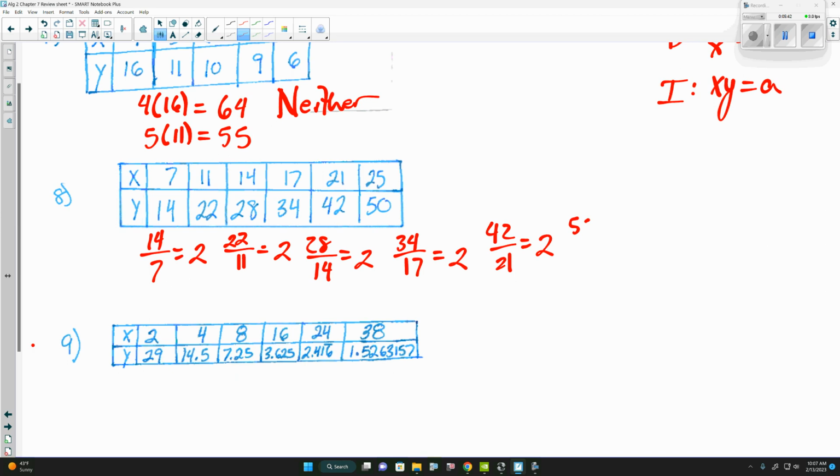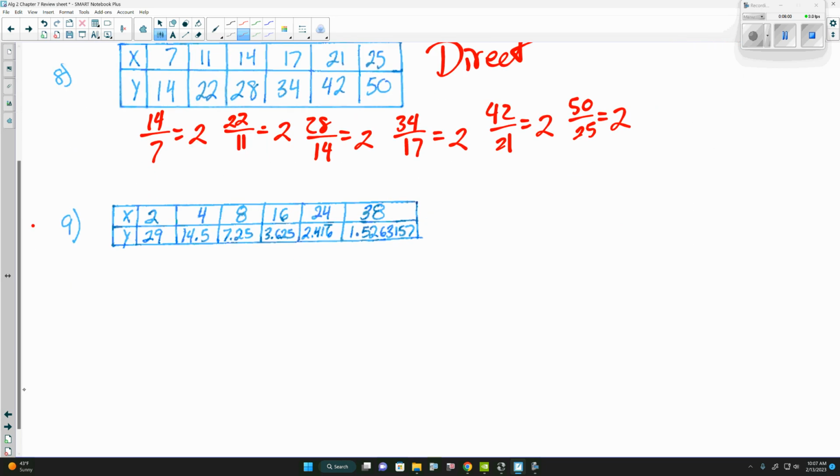And lastly, 50 over 25 is 2. So when we divided the y's by the x's, we did get the same amount every single time, which means this would be what? Our direct variation. Any questions on 7 or 8?